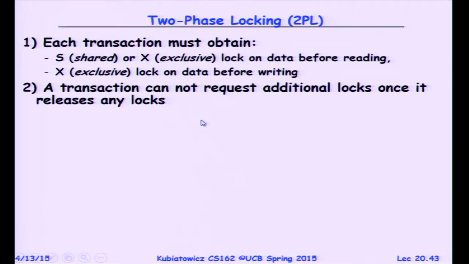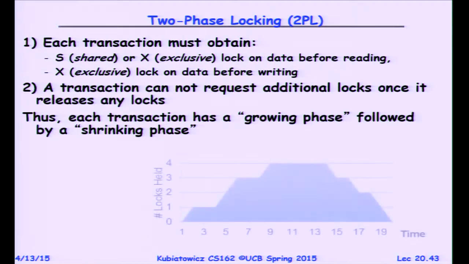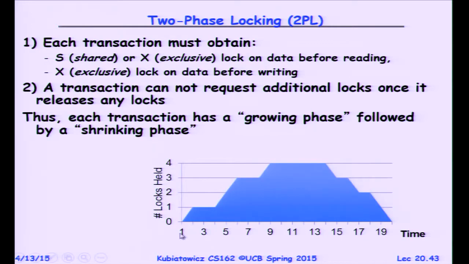So the idea is that we ask for all our locks, we do our transaction, and then we release all our locks and potentially commit at that point. You could look at a graph like this, where the transaction grabs all its locks first, does some things, and then releases the locks. But it's never the case that you can grab locks after you've released a lock. Is everybody with me? Grab, release. This is called two-phase locking. First phase is locking, second phase is releasing.